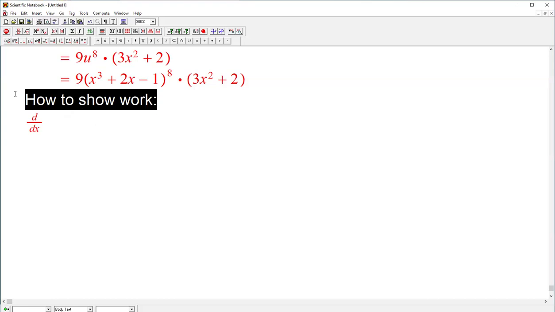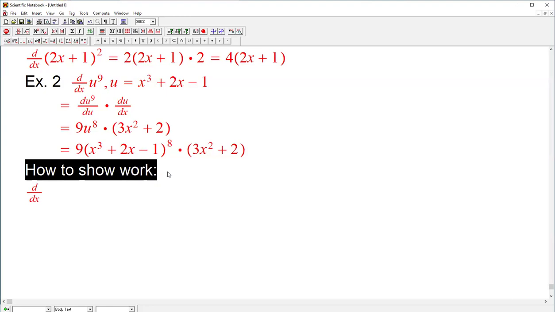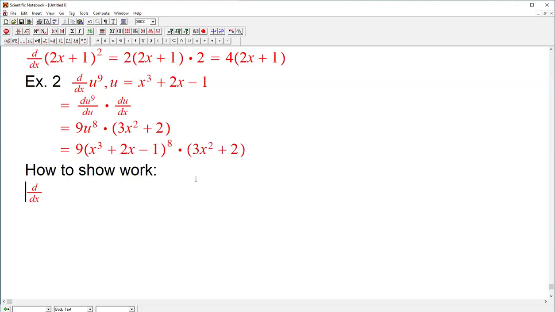You can show your work this way, or you can just bring the original expression back, raised to the power 9. In your mind, you have a u to the power 9.